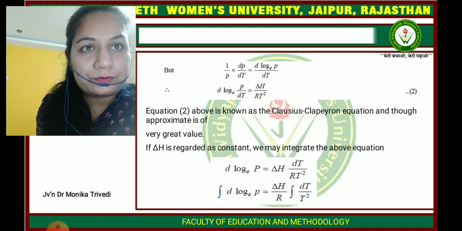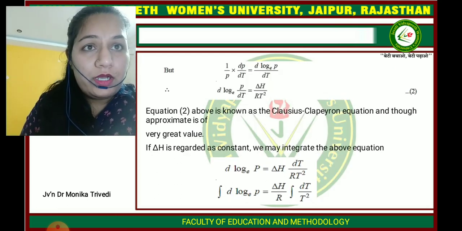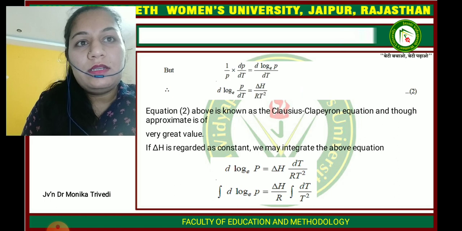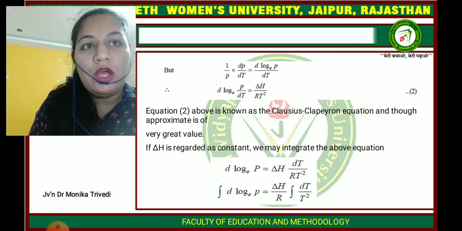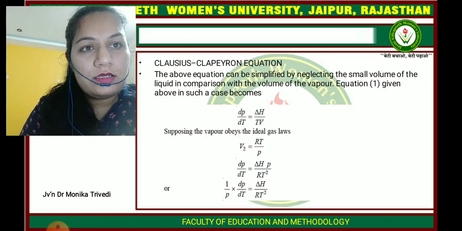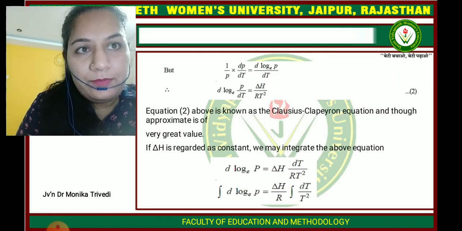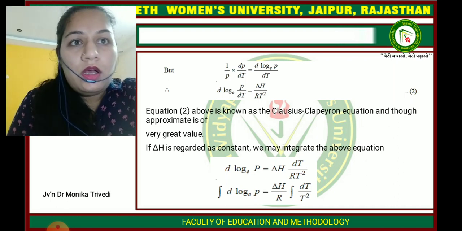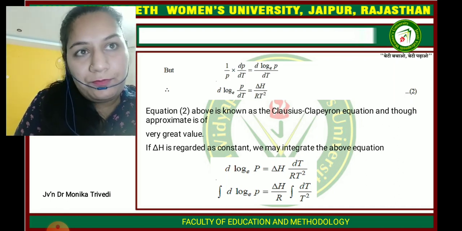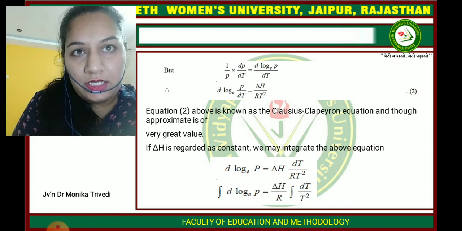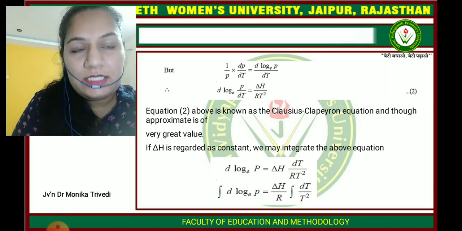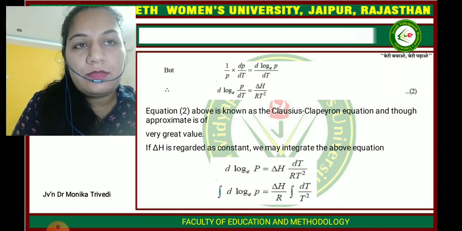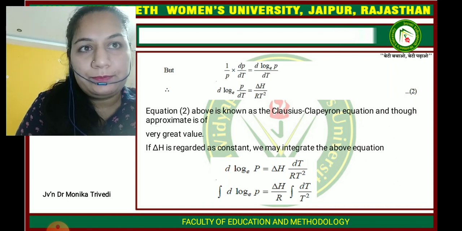But 1 by P into dP by dT equals d log e P by dT. So if we simplify this equation, d log e P by dT equals del H by RT square.